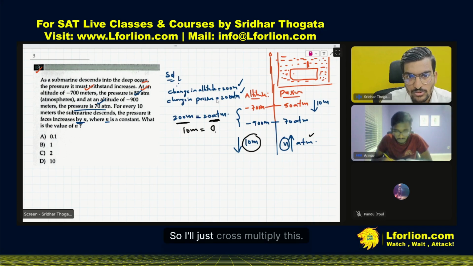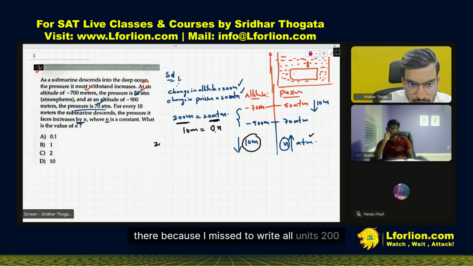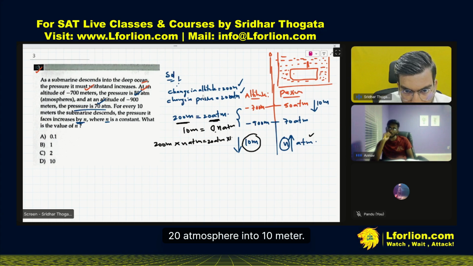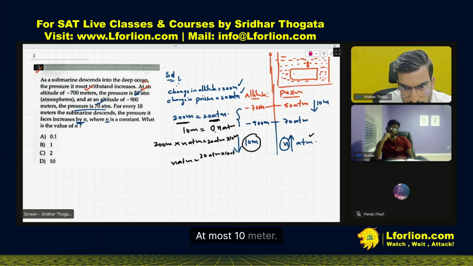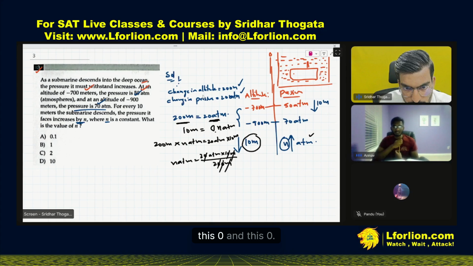So I'll cross multiply: 200 meters into n atmosphere equals 20 atmospheres into 10 meters. So n atmosphere equals 20 atmospheres into 10 meters divided by 200 meters. The meters cross out, the zeros cancel, and 2 times 1 is 2 times 1.